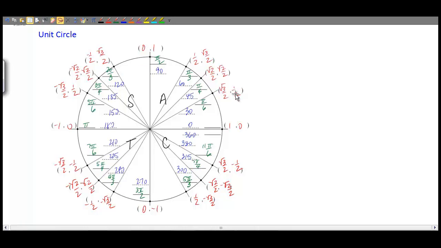So let's take a second and talk a little further about the unit circle that we have here. It's actually a really great tool for us. We know that a point on this circle is given by an ordered pair where we have both an x and a y coordinate.